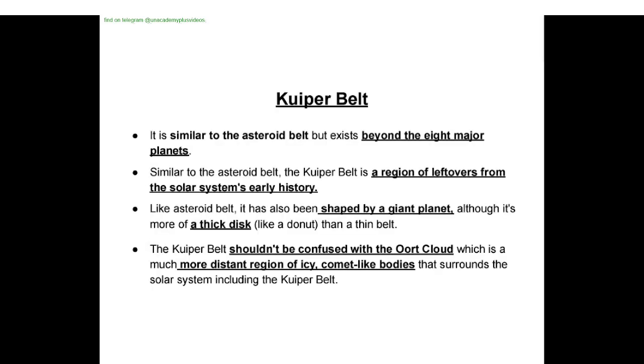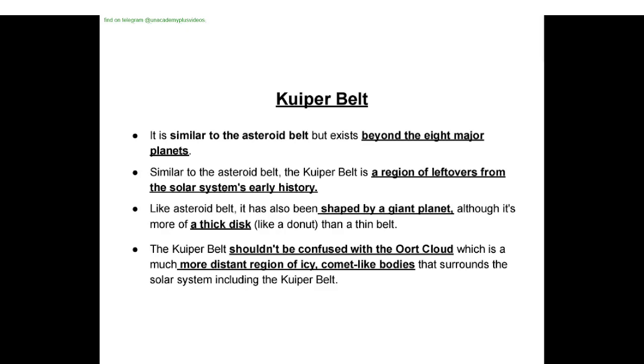Kuiper Belt. It is similar to the asteroid belt but exists beyond the eight major planets. Similar to the asteroid belt, the Kuiper Belt is a region of leftovers from the solar system's early history. Like the asteroid belt, it has also been shaped by a giant planet, although it's more of a thick disk like a donut than a thin belt.